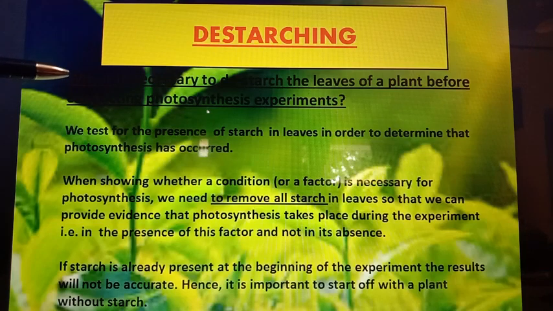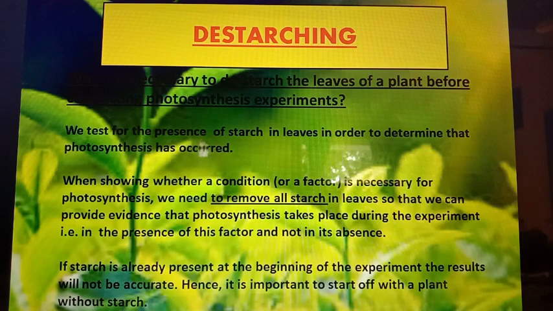So here you can see why it is necessary to de-starch the leaves of a plant before conducting photosynthesis experiments. We test for the presence of starch in leaves in order to determine that photosynthesis has occurred.